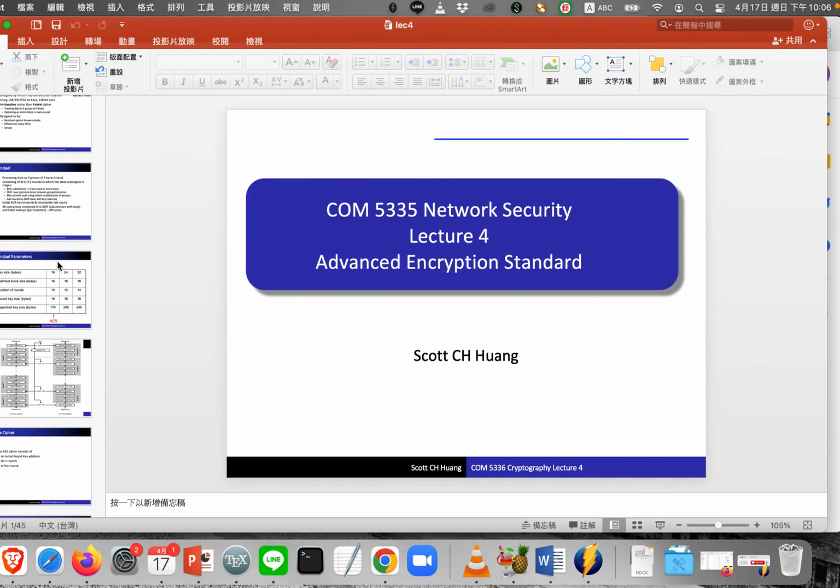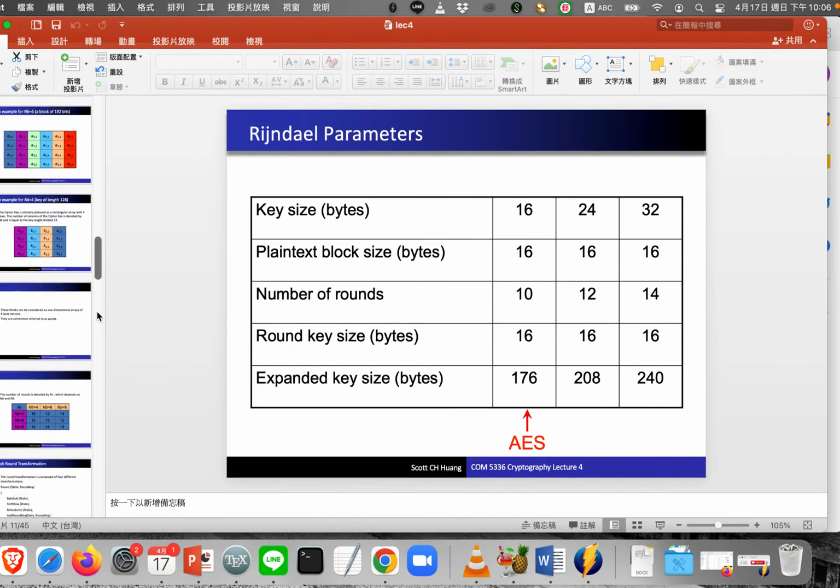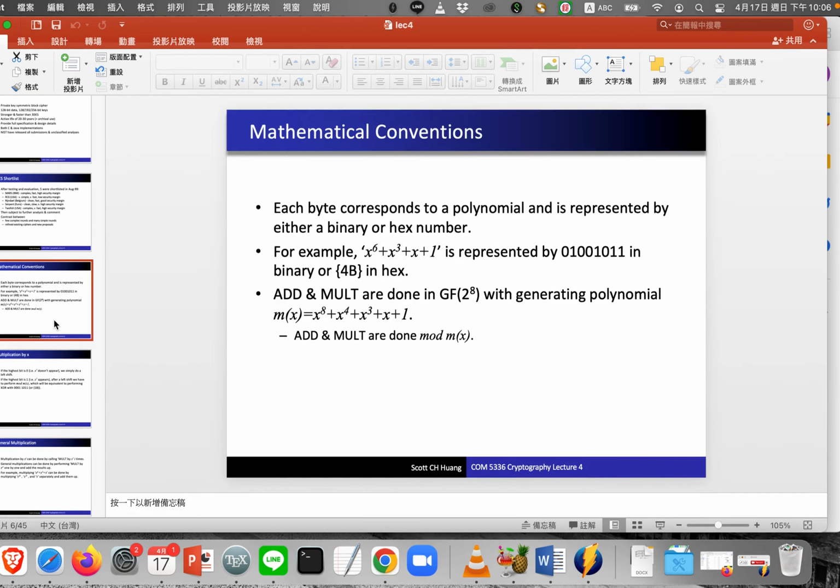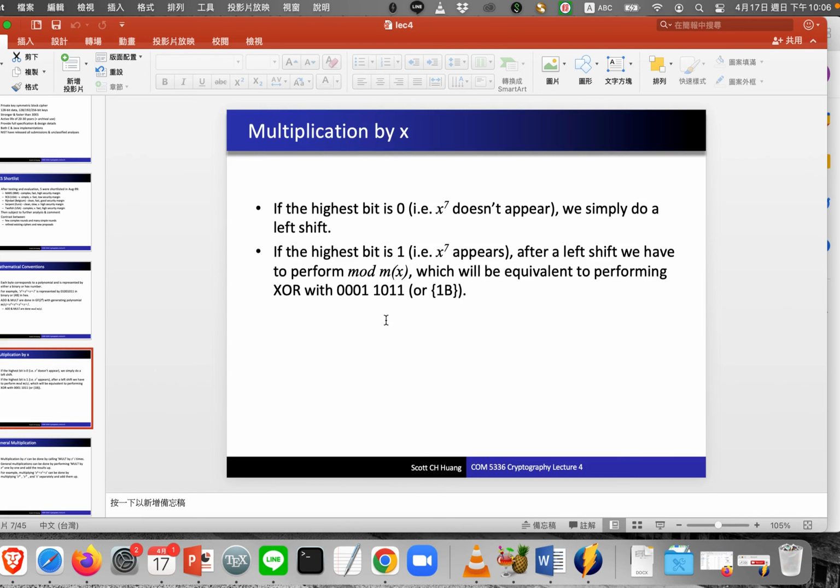If you guys remember how this field is constructed, we consider binary polynomials, polynomial ring with binary coefficients, and then we consider this irreducible polynomial. And then the field numbers.